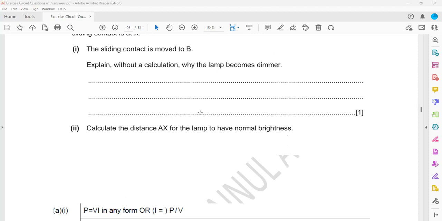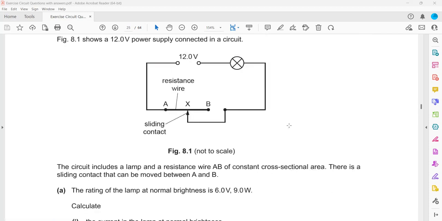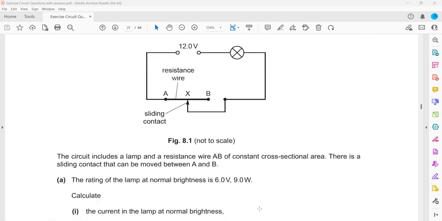Then calculate the distance AX for a lamp to have normal brightness. Okay. Look, why does it get dimmer? The total length of A to B is 1 meter, and we were using a part of it.